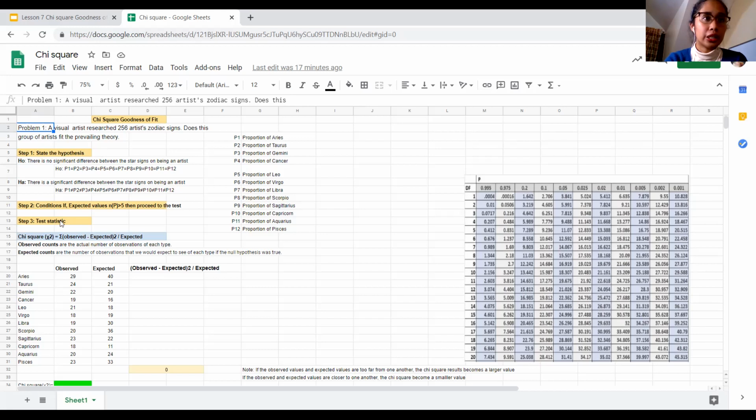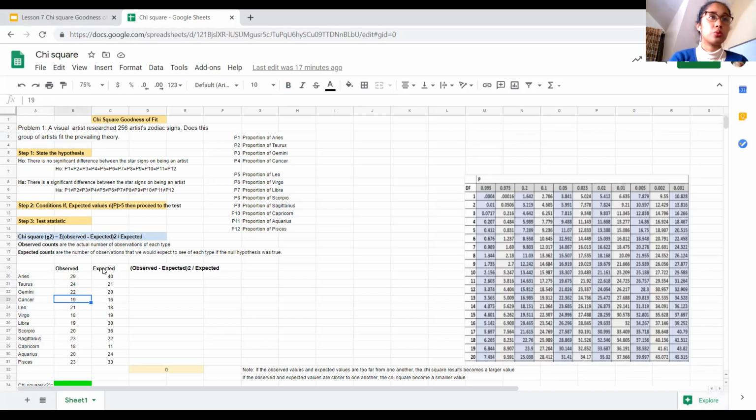So, this visual artist, guys, the observed values here in this table are the zodiac signs of the artists he collected. So, Aries 29, Taurus 24, Gemini 22, Cancer 19, and so on. So, does this group of artists fit the prevailing theory?